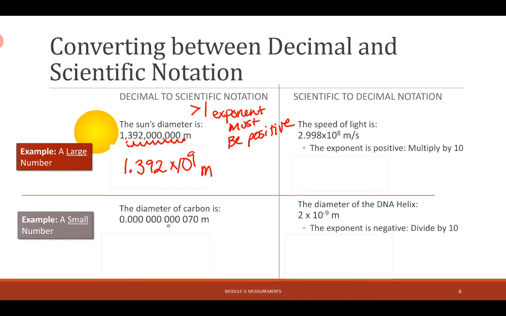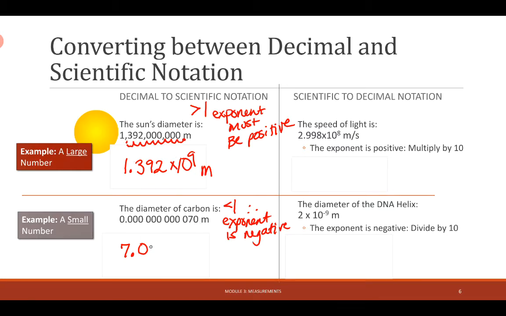If we do something similar for a number that's smaller than 1, we know that our exponent has to be negative. Since this number is less than 1, our exponent is negative. I know that in scientific notation, I'm allowed one non-zero digit in front of the decimal point, and so that's going to have to be here. That 0 after the 7 is significant. We will learn about significant zeros in another video.